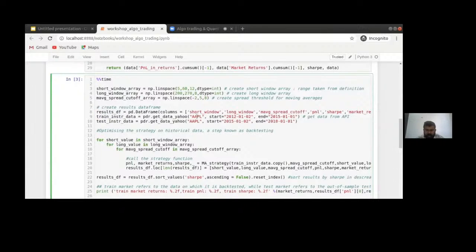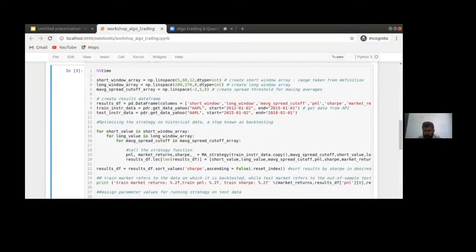I'm taking Apple stock, and the train period is from 2nd January 2012 till 1st January 2015, and test is from 2nd January 2015 to 1st January 2018. So it's 3-year periods in both train and test.